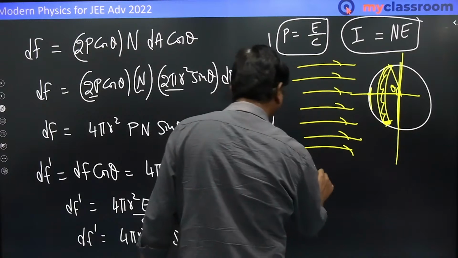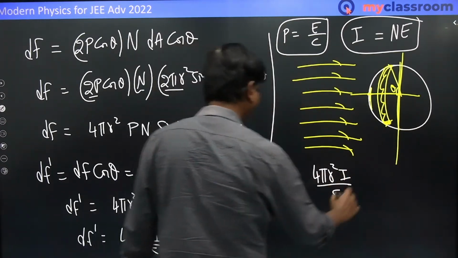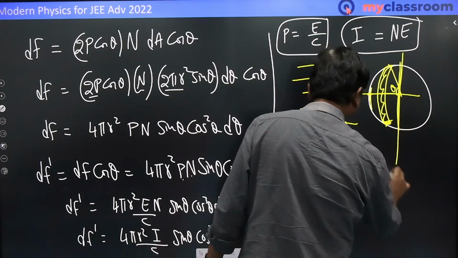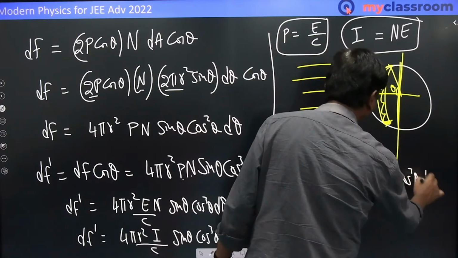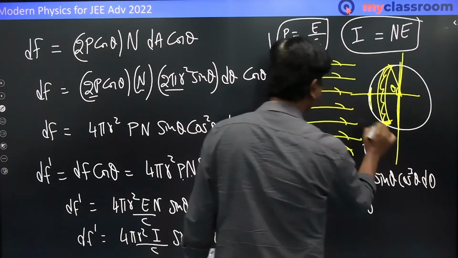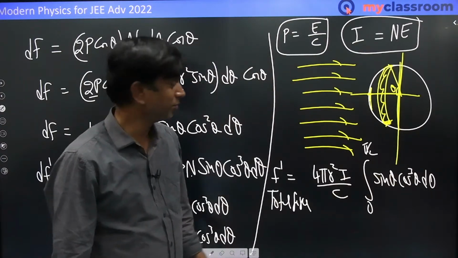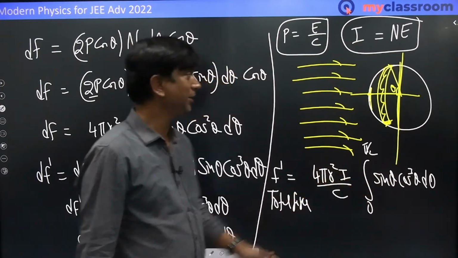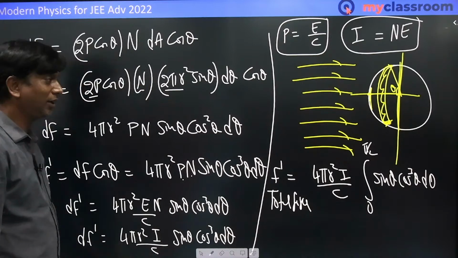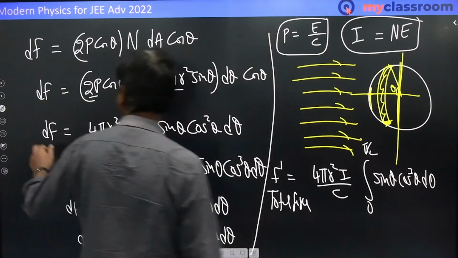So 4 pi r square I by c, into the integration of sin theta into cos cube theta into d theta from 0 to pi by 2. And we know how to integrate this sin theta cos cube theta d theta. Just by substitution method, you can employ a substitution there.